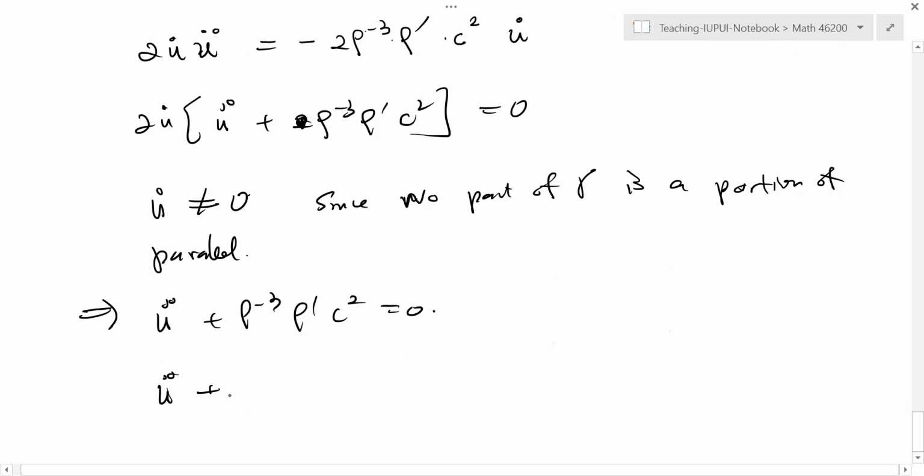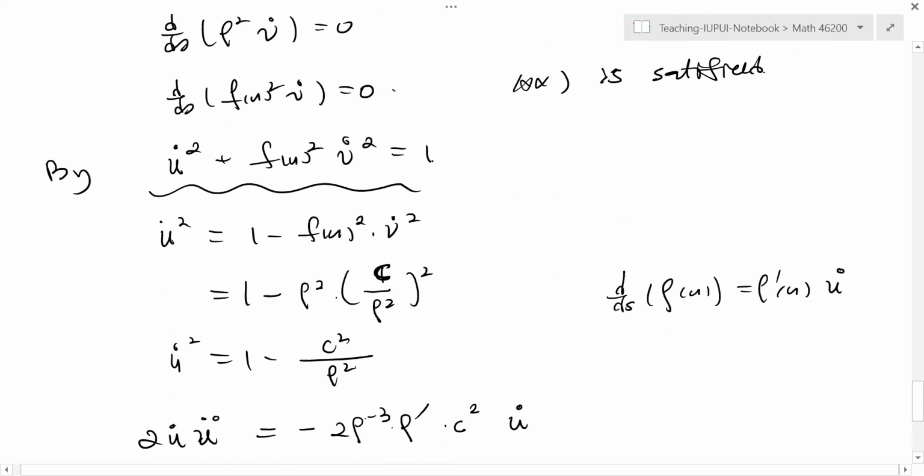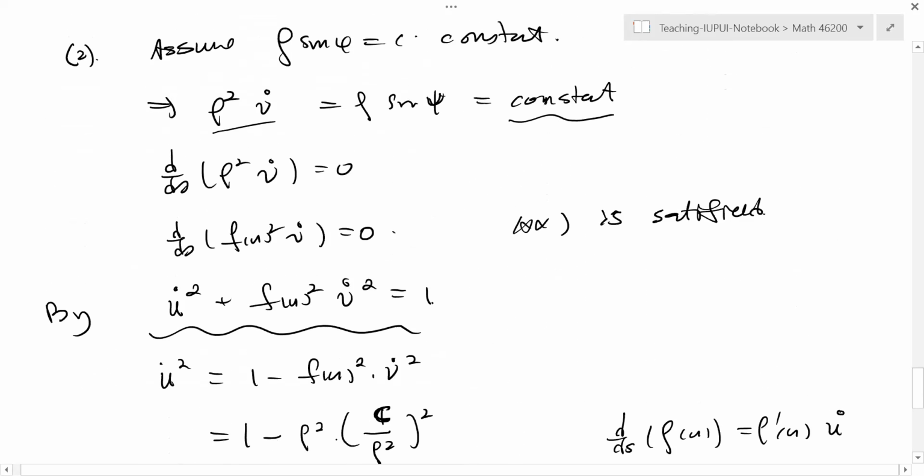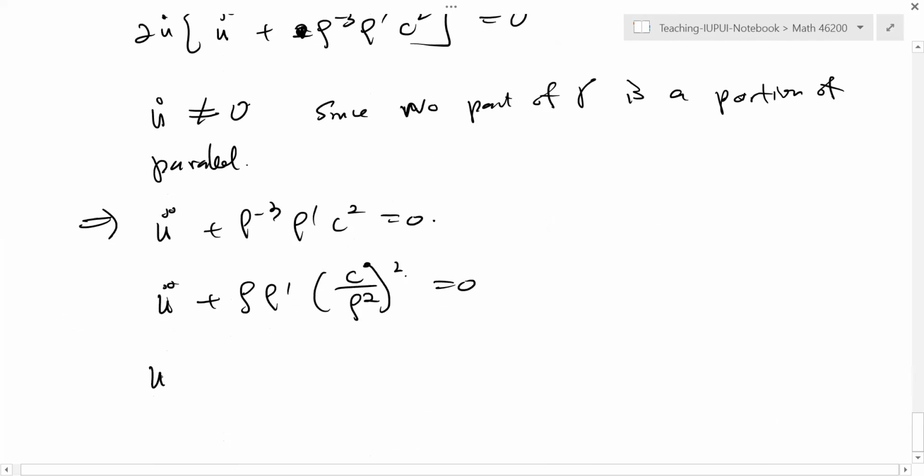So I can write this as this. But we already got that C over rho squared is v dot. So this is f prime of u times v dot square, because v dot rho square is going to be constant.